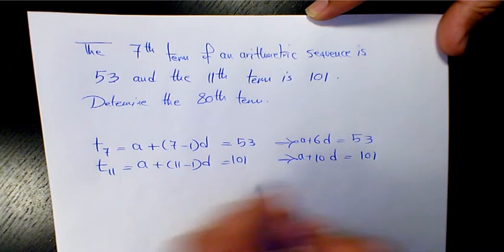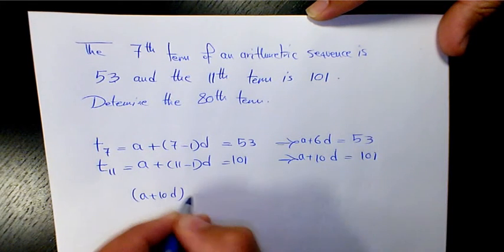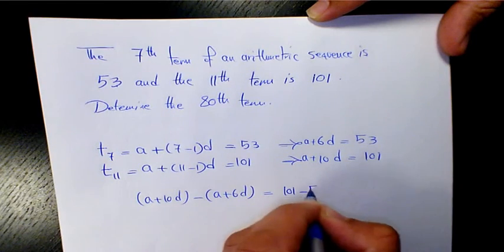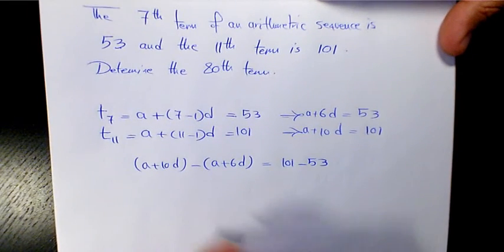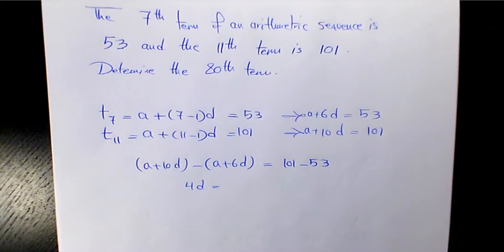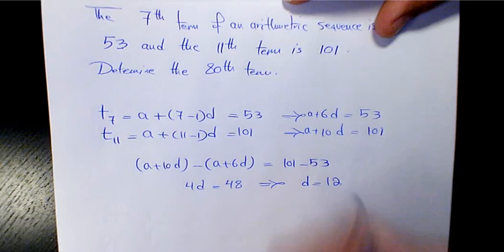So if you subtract them, it's going to be A plus 10D minus A plus 6D equals 101 minus 53. That's going to be 4D equals 101 minus 53. That's going to be 48. It means that D is 12.